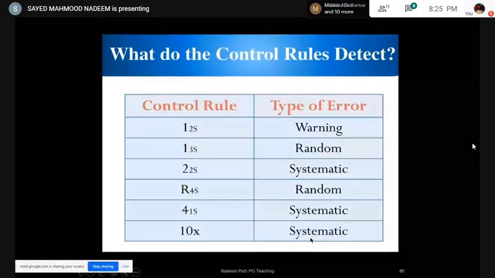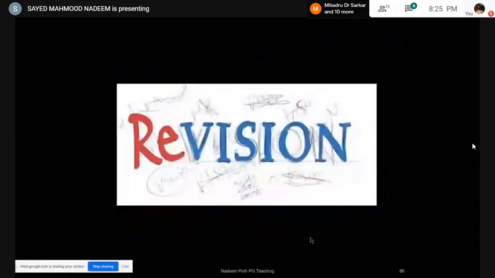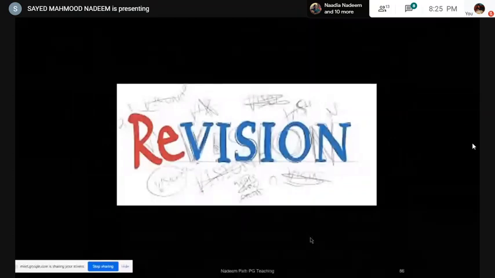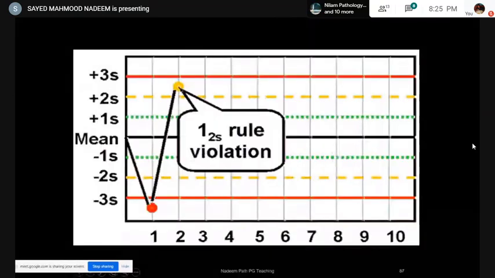Now, how do we read these? Before we do that, let's just have a quick revision. This is 1-2S here, and what is this here? This is 3S. That is, this is a rejection rule here, and this is a warning rule here.